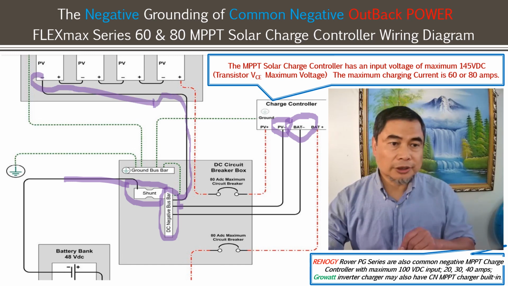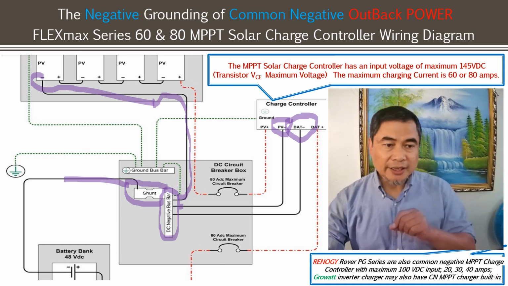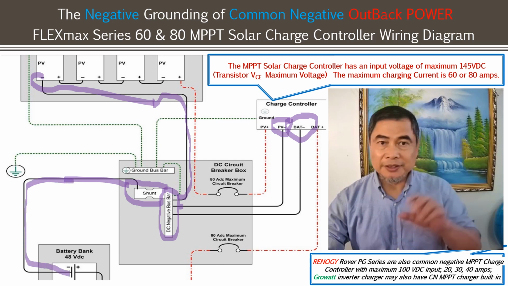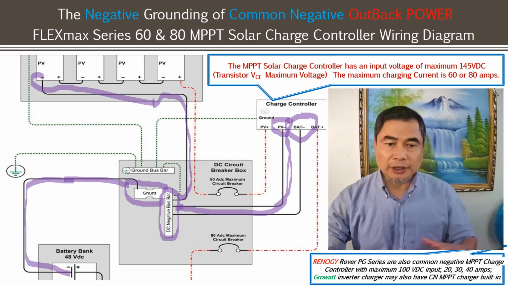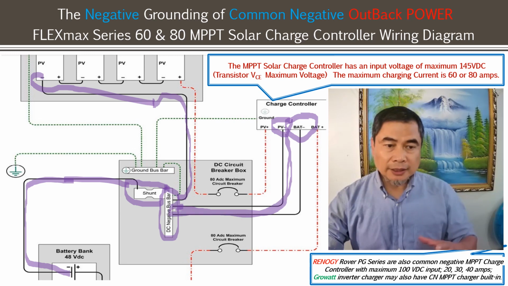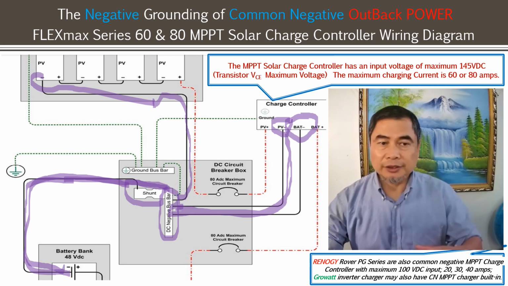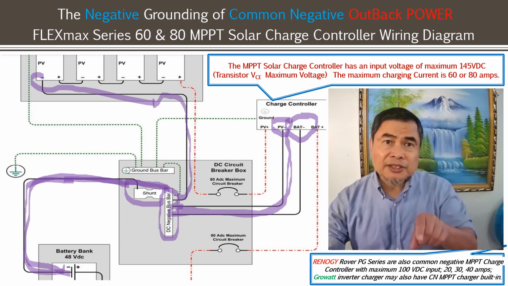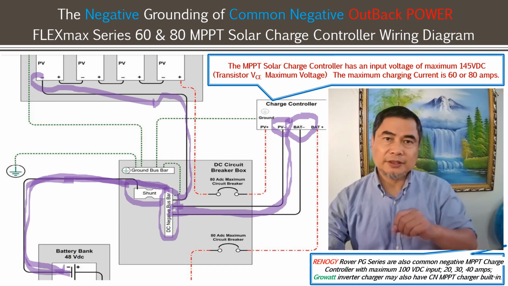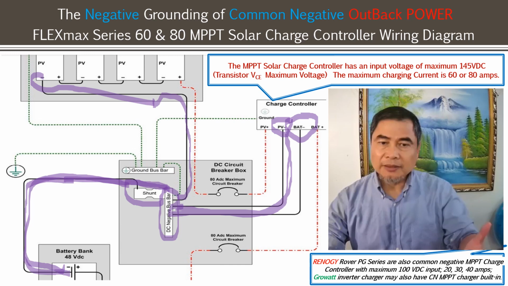And negative is also connected to the battery bank, 48 VDC battery bank. So all this is all negative, bonded, connected, solid. Like they connect to the battery bank through the shunt, so it's solid, all negative connected. So this is a 100% common negative design. And you can just find out from the manual book.